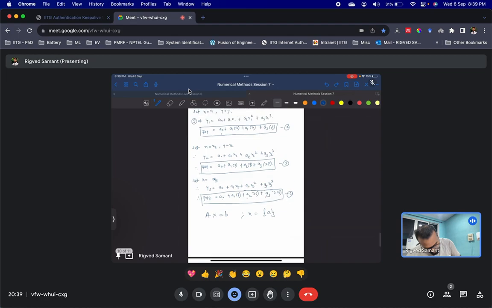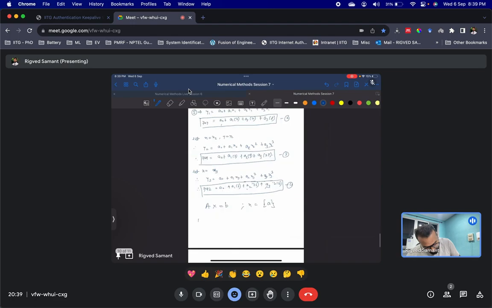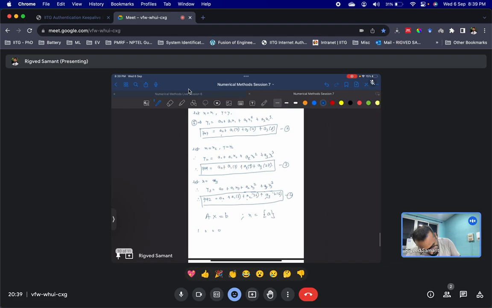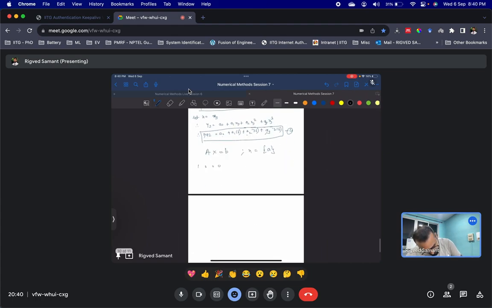So your coefficient matrix A would be: for the first equation there is only a0, so 1 0 0 0. Then from the second, 1 2 4 8.